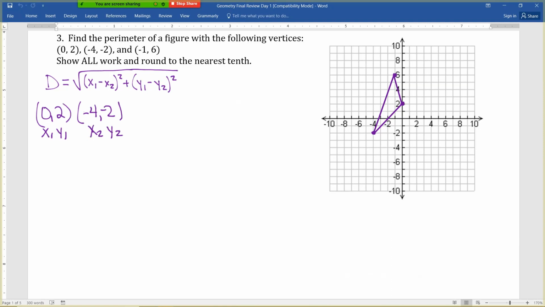So first thing I'm going to do is find the distance between the first 2 points, 0, 2, and -4, -2. So using my formula, I need x1 minus x2, 0 minus -4. As soon as I see that minus a -4, I'm changing it to a positive.